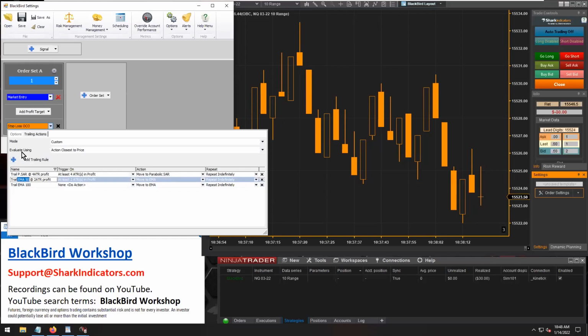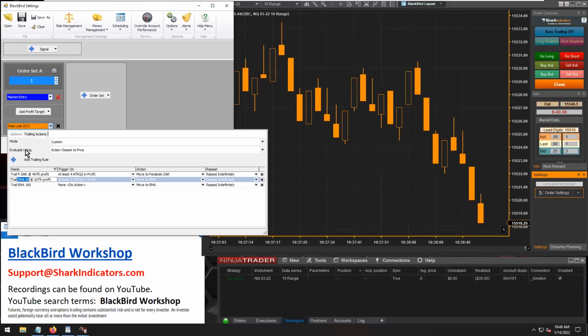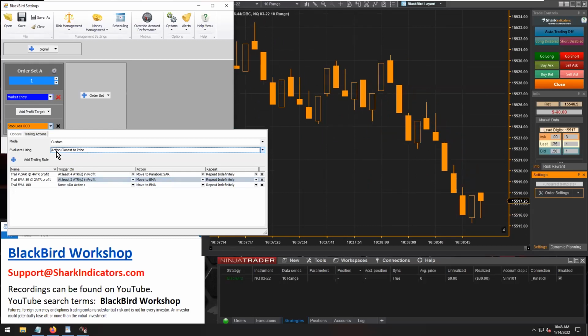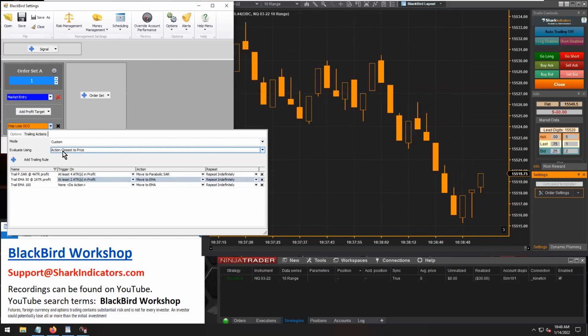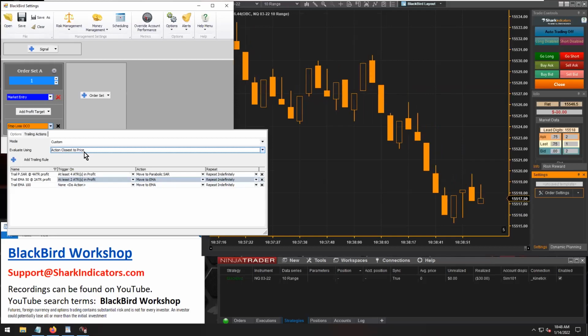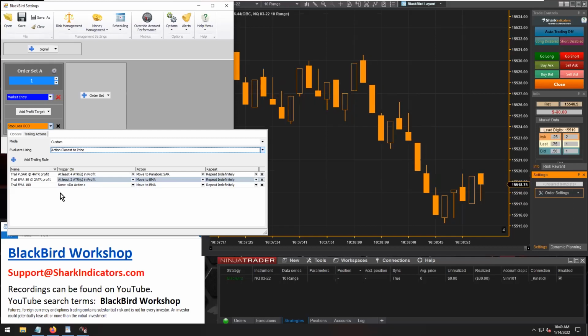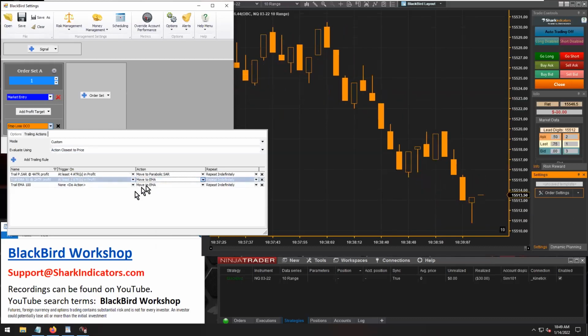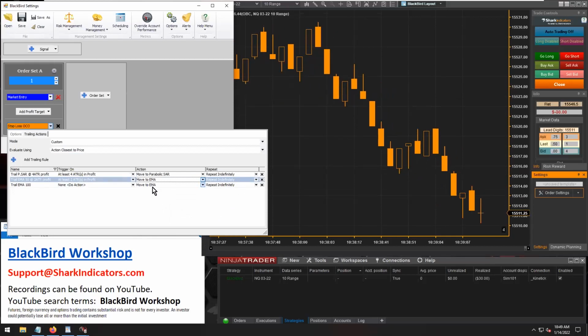The decision is based on the evaluate using. The evaluate using defaults to whatever action brings the stop loss closest to the market price, so closest to price. Normally, I would assume the EMA 50 is going to be closer to the market than the EMA 100.